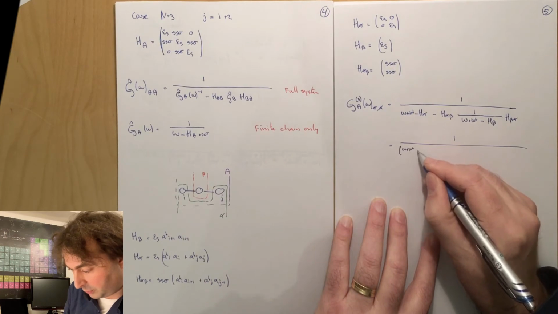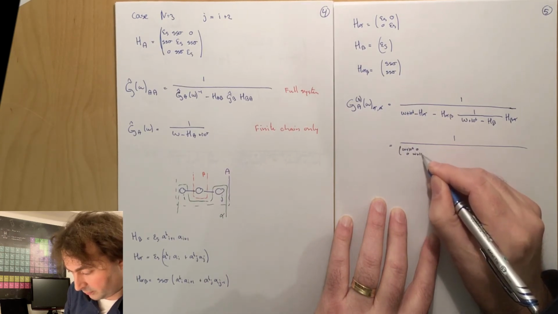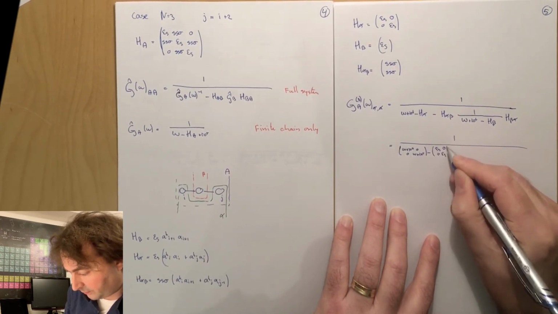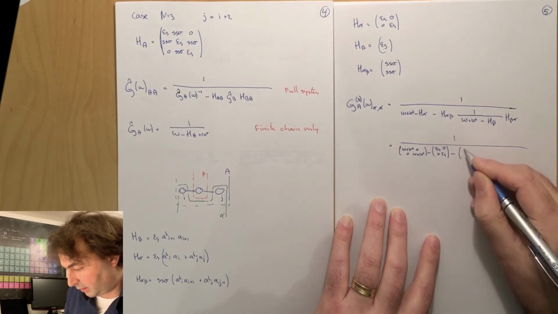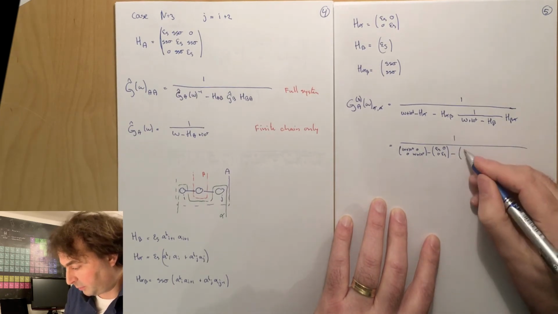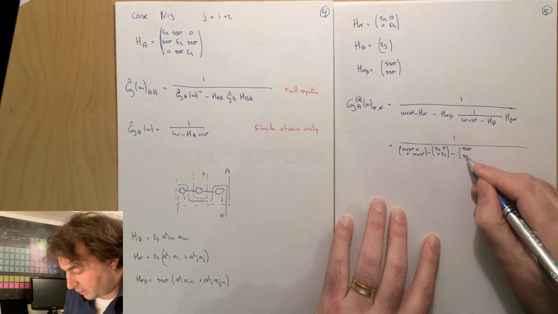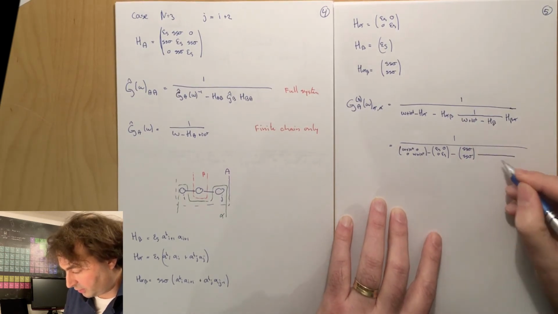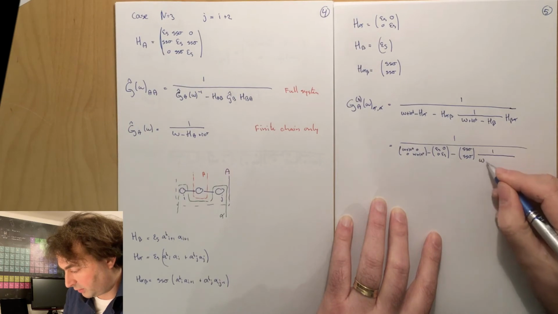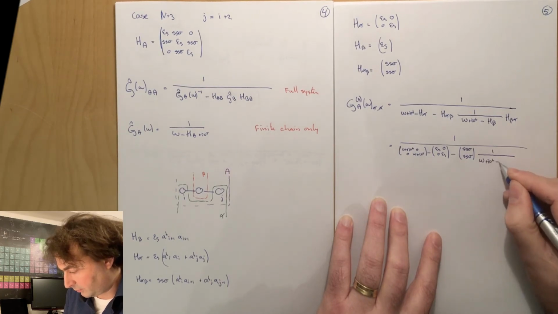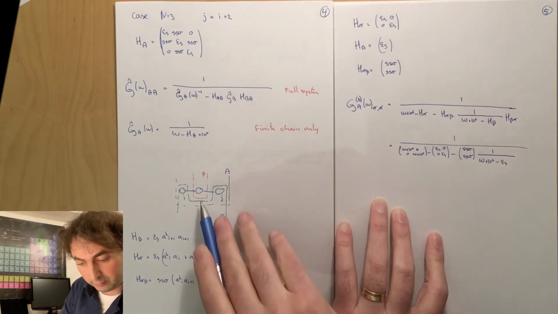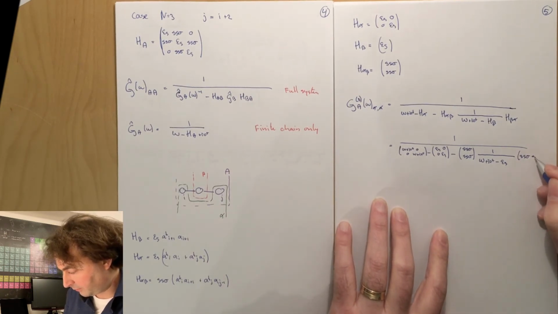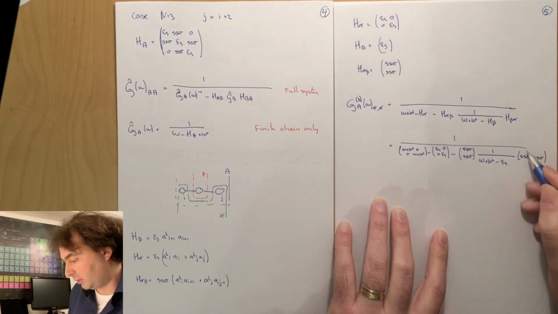Omega plus i0 plus minus H alpha epsilon_s minus, and now the coupling between alpha and beta. So here we change the dimension of our system and we go from a 2-dimensional Hilbert space to a 1-dimensional Hilbert space, because we have only one state in beta. And then we go back to our 2-dimensional Hilbert space.